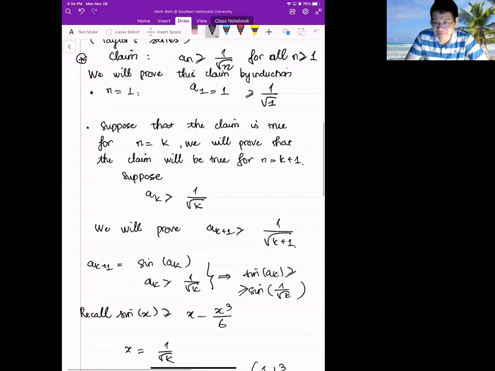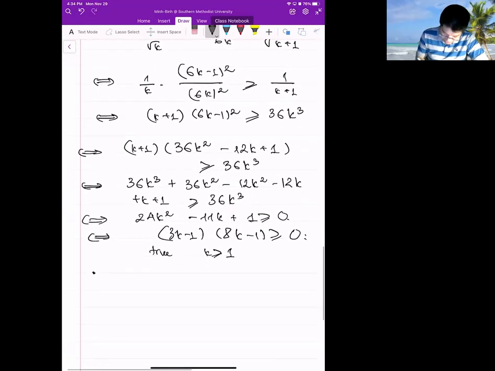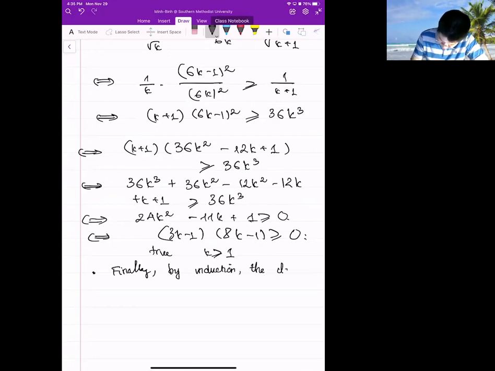We suppose that the claim is true for n equal to k, and we want to prove that the claim is also true for k plus 1. So we prove it. Finally, by induction, the claim is true.